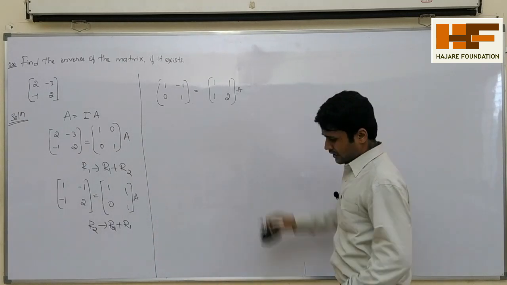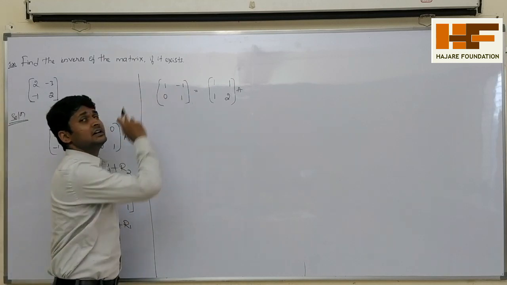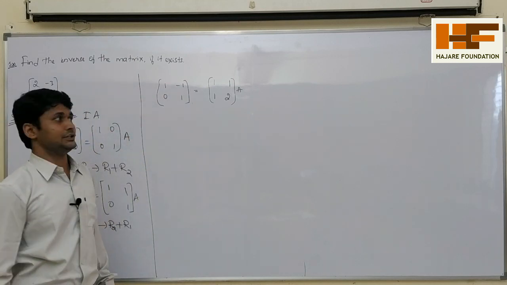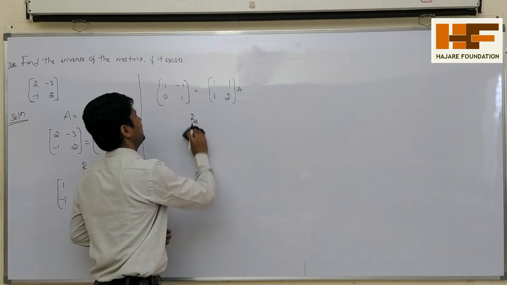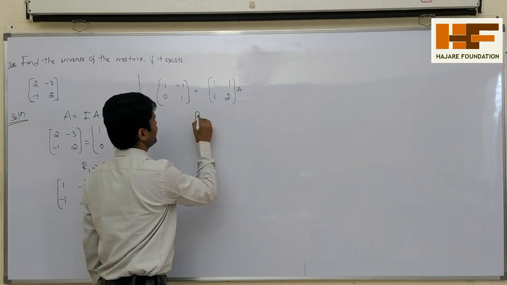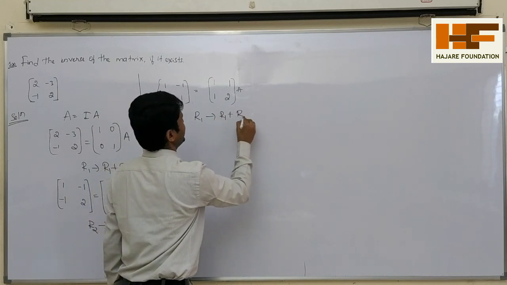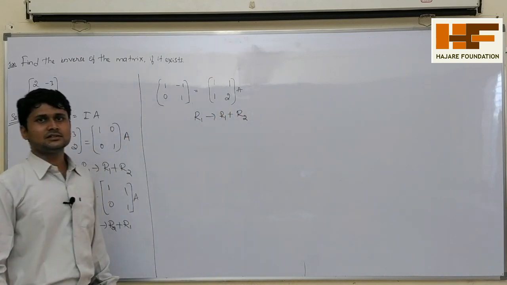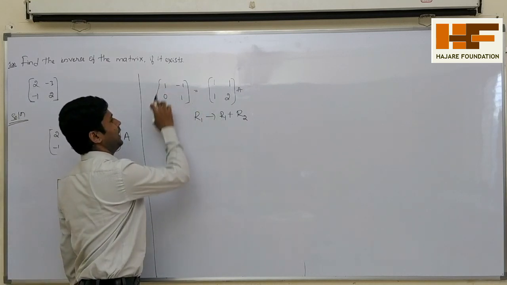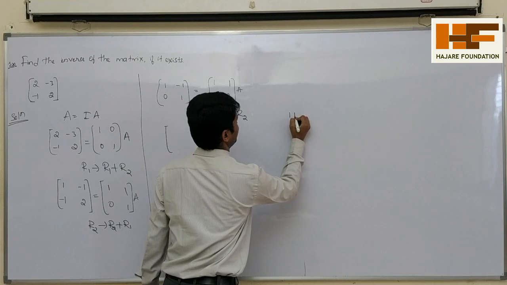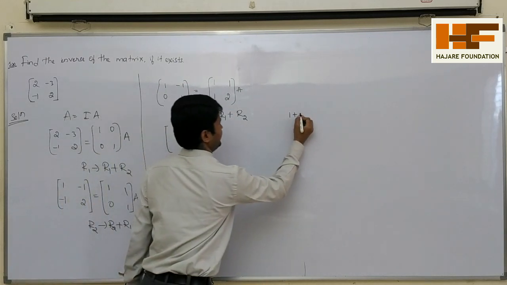Next, according to our procedure, we have to make this element as a 0. R1 changes to R1 plus R2. What is the R1 element? 1, 1 plus corresponding R2 element 0, 0.